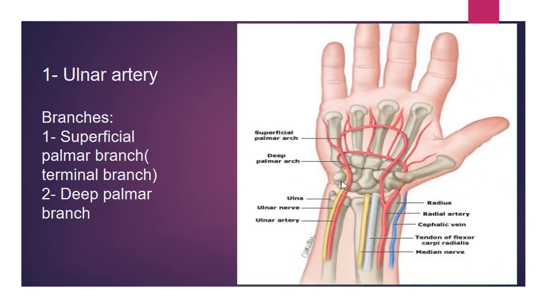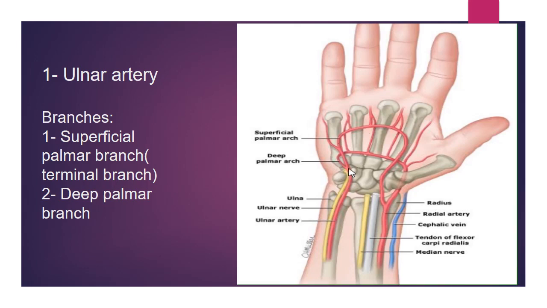After entering the hand, the ulnar artery divides into two terminal branches. The first one is the superficial palmar branch. As you can see here, this superficial palmar branch is joined by the superficial palmar branch of the radial artery, and it forms the superficial palmar arch in the hand.